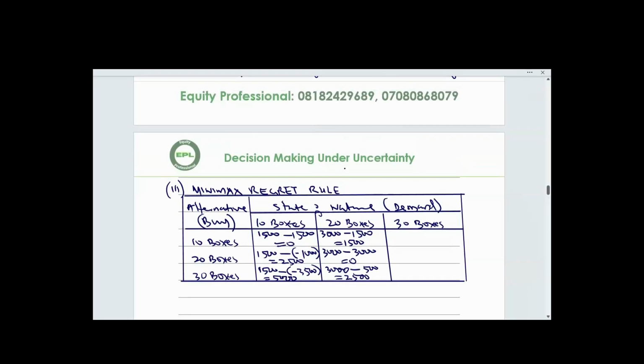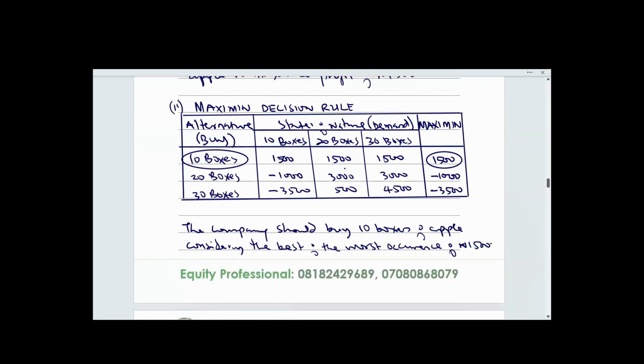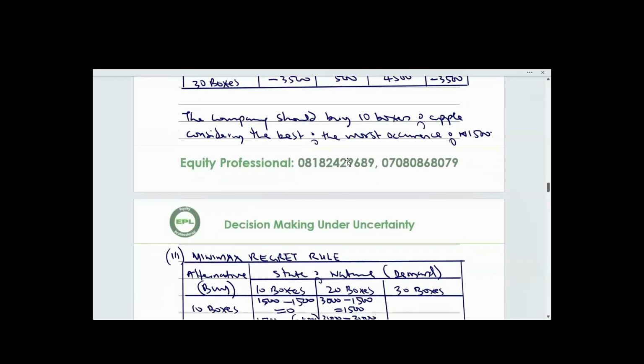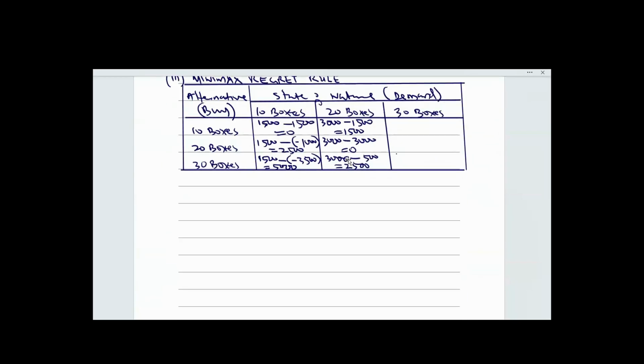Then in the third column, the highest figure is 4,500. So here will be 4,500 minus 4,500 equal to 0. 4,500 minus 3,000 equal to 1,500. 4,500 minus 1,500 equal to 3,000.